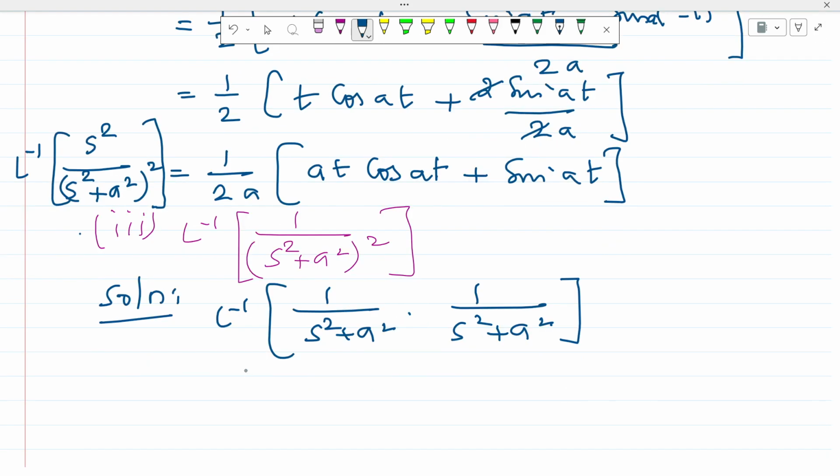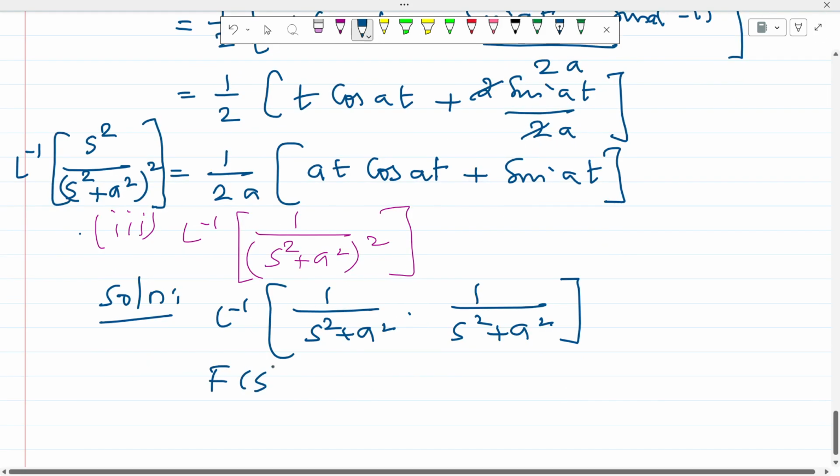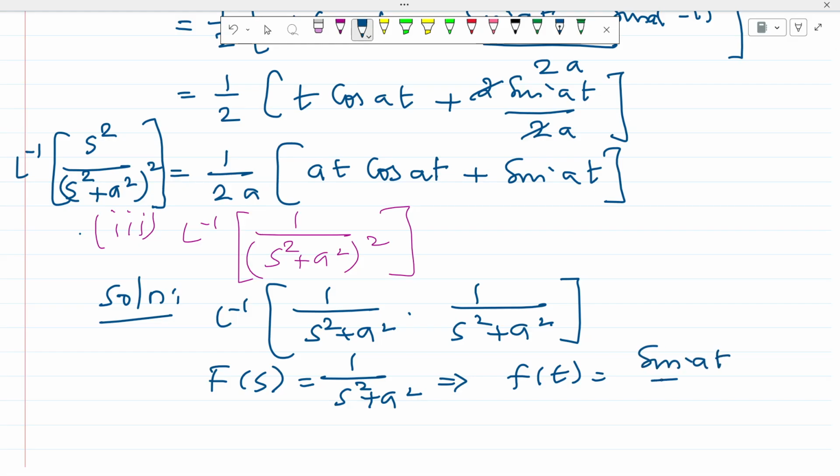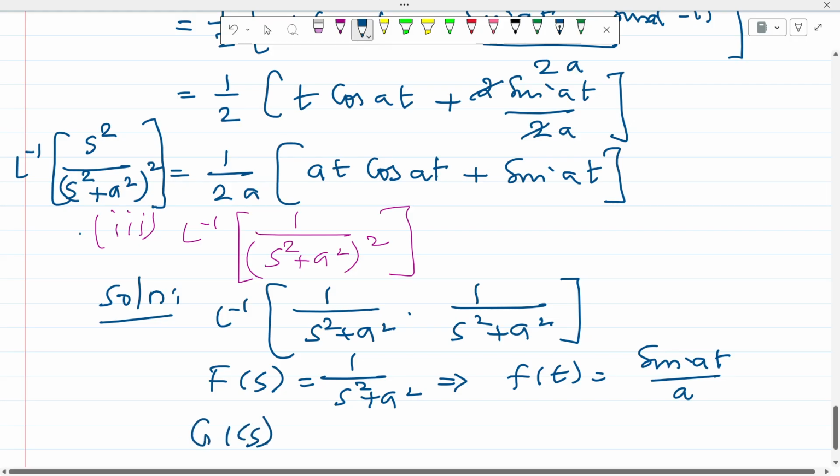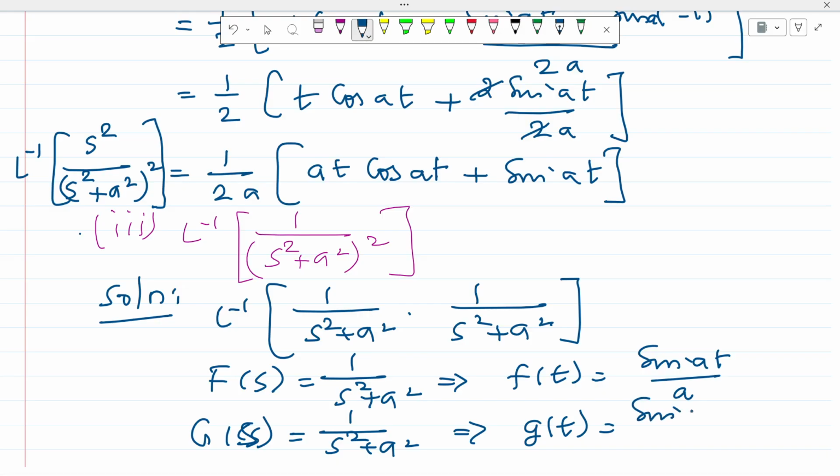So what is f of s here? F of s is 1 by s square plus a square. So what is f of t here? Sin at by a. Similarly, g of s is 1 by s square plus a square. So what is g of t here? Once again, sin at by a.